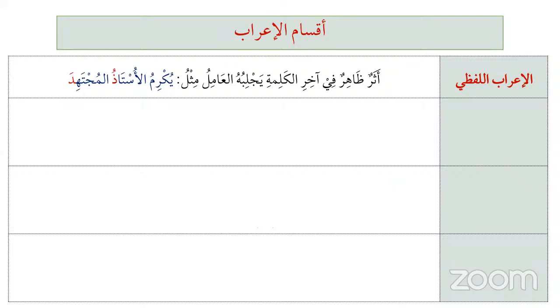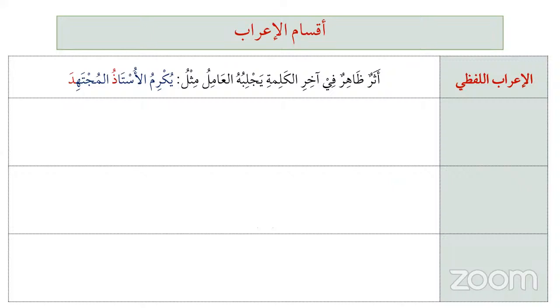But the point we're trying to make is that the effect is evident. This effect has been brought about because of the governing agent here, yukrimu. Yukrimu will be considered to be the amil. This is known as i'rab lafzi.